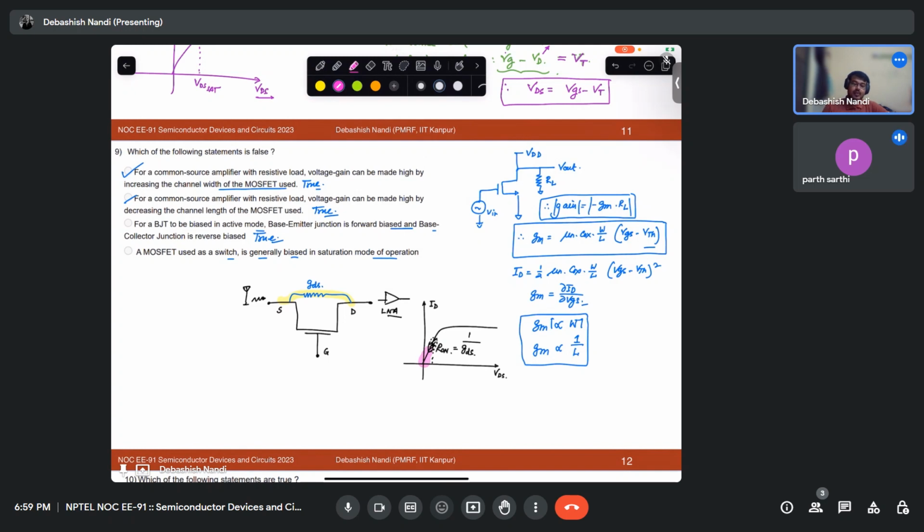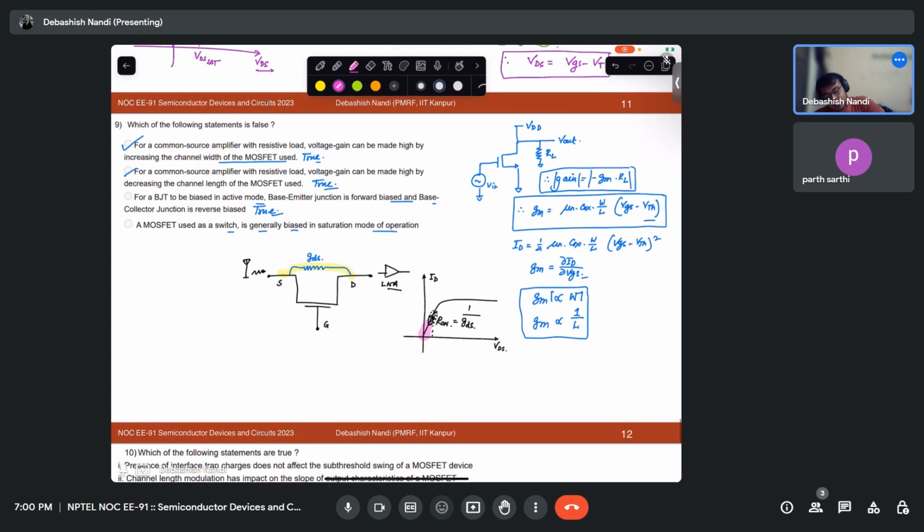Also, the time constant you mentioned is not actual; it does not signify any effective time constant. The time constant you are talking about is R on times C off. What is that C off?